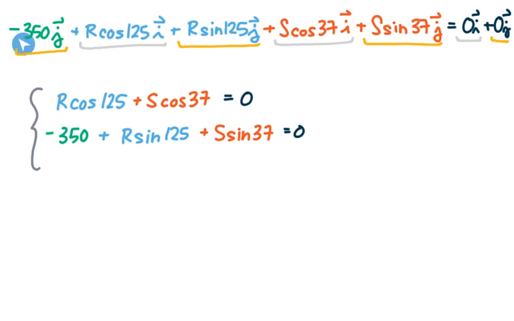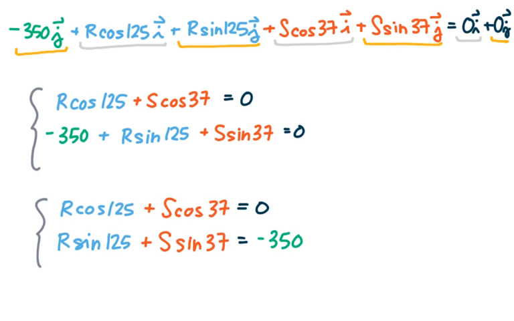Leaving out my J's, negative 350 plus R sine 125 plus S sine 37 equals 0. Here I can simplify that system and then we will solve. So essentially all I've done is take that negative 350, and actually when I move it over it should be positive 350.